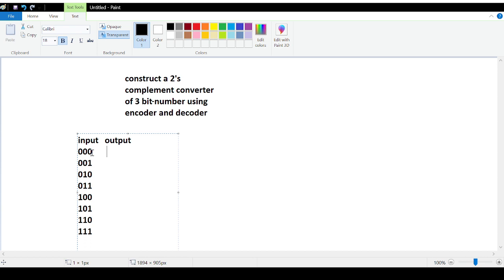We keep the bits the same until we find a 1, right? We start from the LSB until we find 1, and we keep all the bits the same. So it's going to be 000.